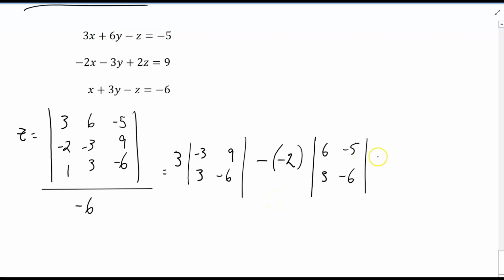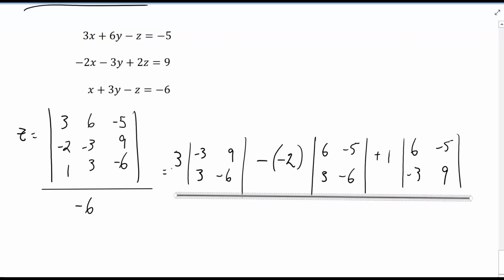And I will multiply 1 by the 2 by 2 determinant of 6 minus 5 minus 3, 9. And remember to put it all over negative 6.